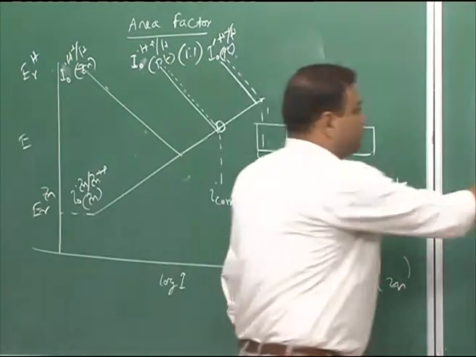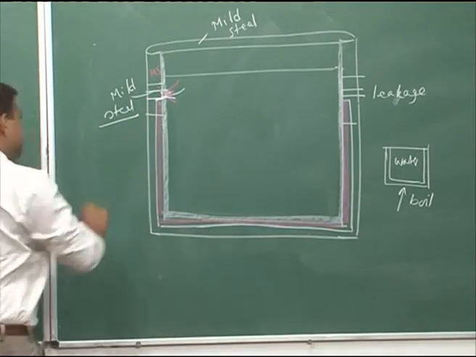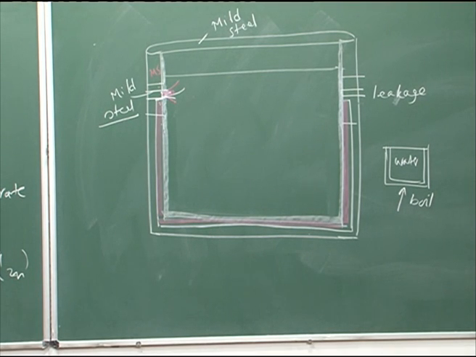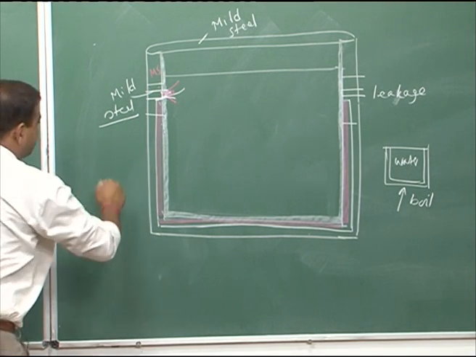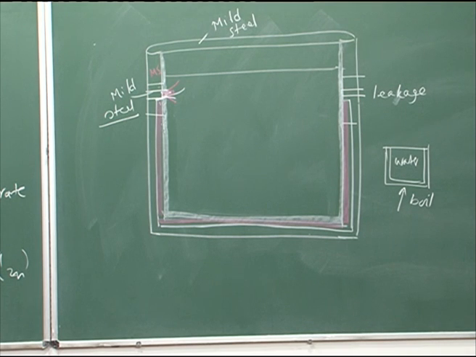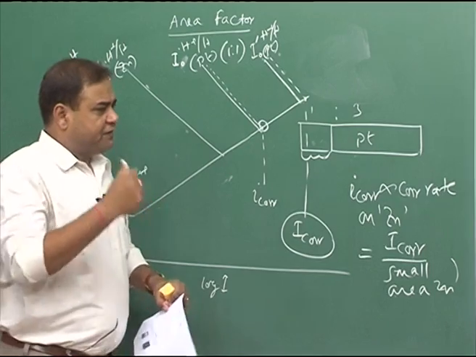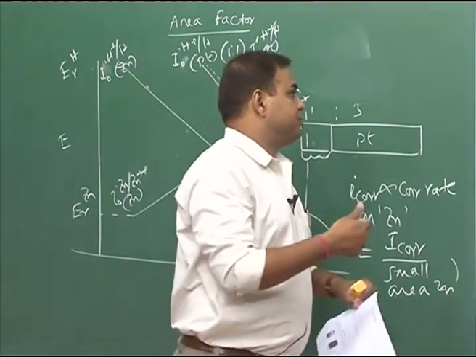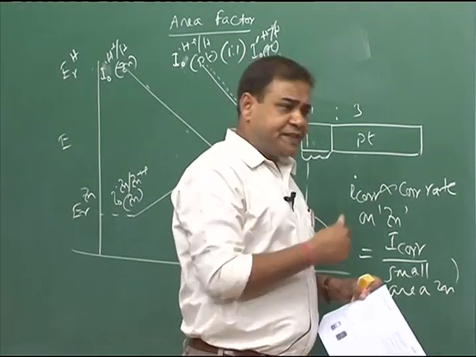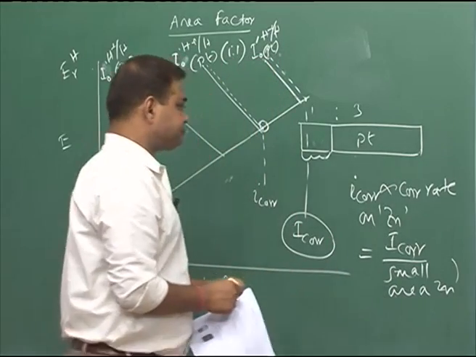So, the protection would be like this. There are 3 examples we have discussed, and in case of unfavorable area ratios, the corrosion rate of the anodic zone would be very, very high, and then finally there could be failure in a very short duration.